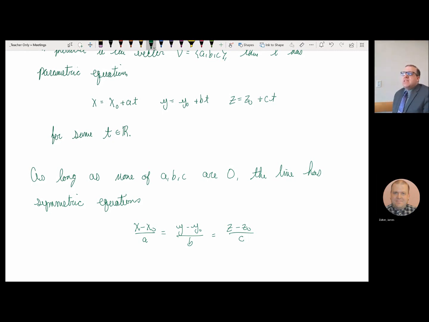And obviously, if even one of the a, b, or c is 0, you would not have symmetric equations because you're not allowed to divide by 0.